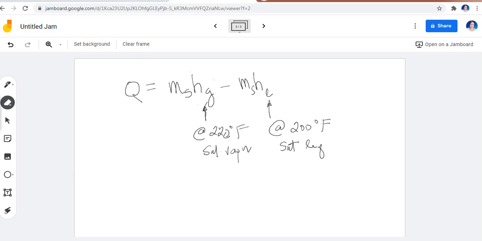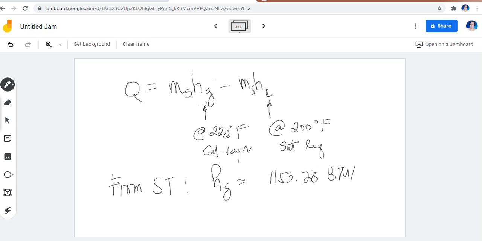Okay, so from the steam tables, you have the value for HG, and for HL, saturated liquid, this is saturated liquid, you have 108.34.